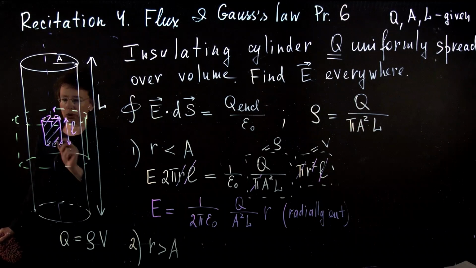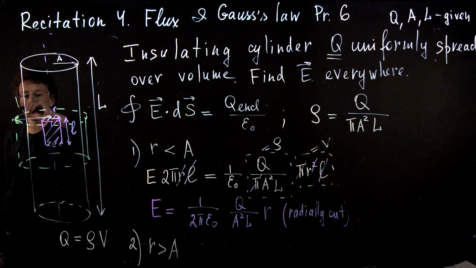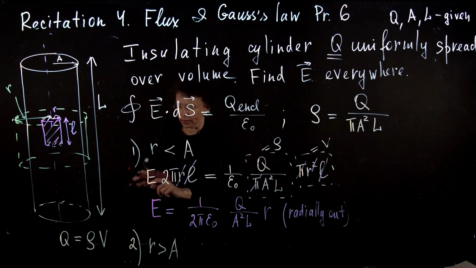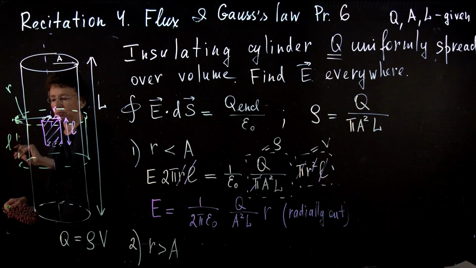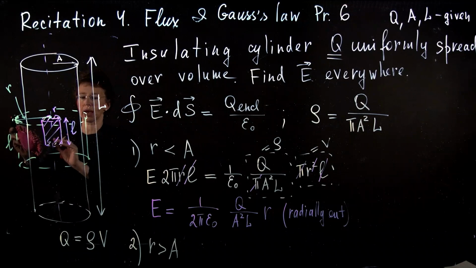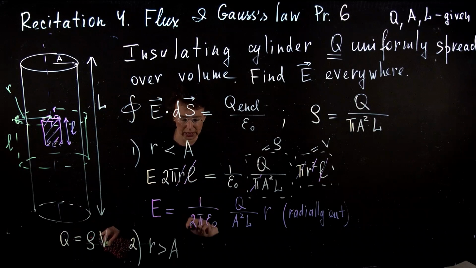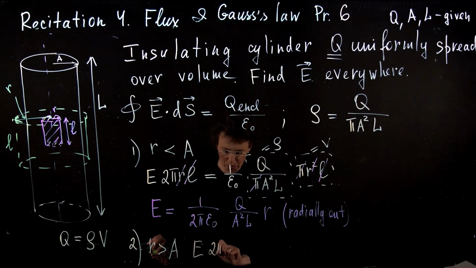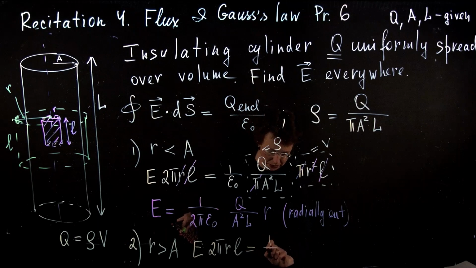The radius is again arbitrary r, now greater than A, and the height is again arbitrary L. With the same argument, we have a non-zero flux of electric field just out of the side surface, so the left-hand side is E times the area of the side surface, 2 pi r L. No changes here. And then I have 1 over epsilon naught.